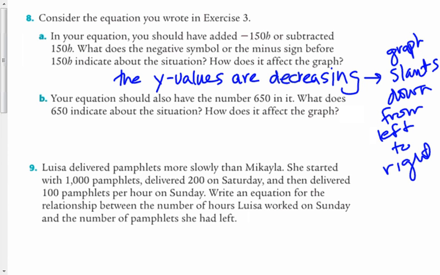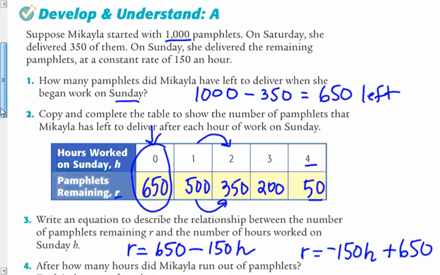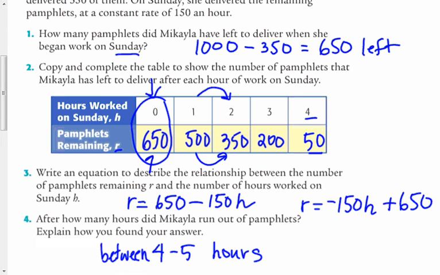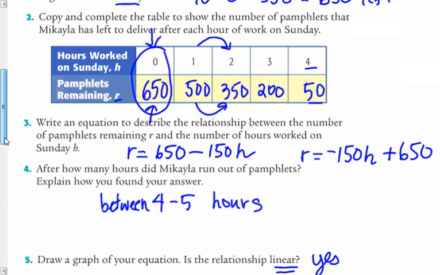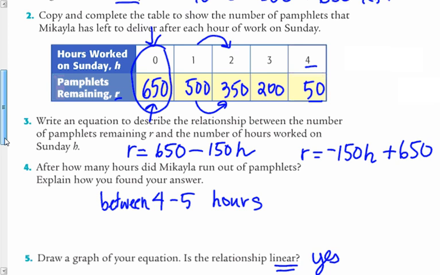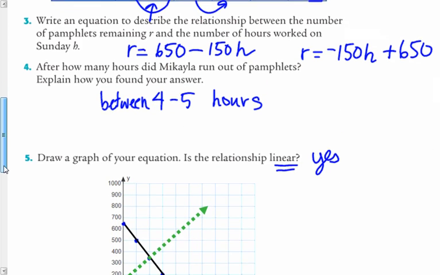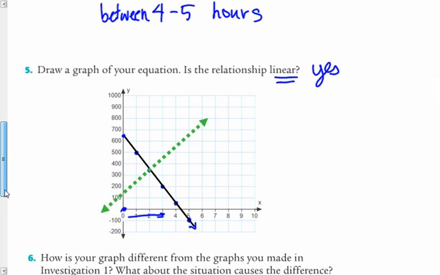Okay, your equation should also have the number 650 in it. What does 650 indicate about the situation? Let me go back to our table here and notice that when we worked 0 hours on Sunday, 650 is the number of pamphlets remaining. So it's the output when the input is 0. It's the y value when the input is 0. Also notice on the graph, it's right on the y-axis where we start.